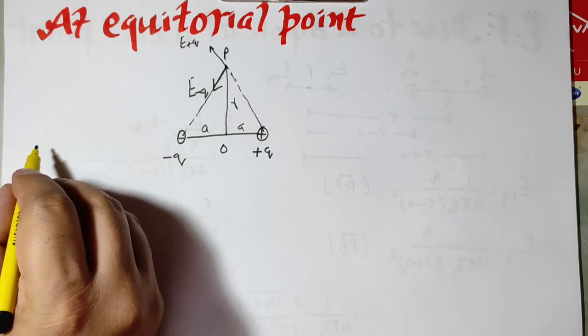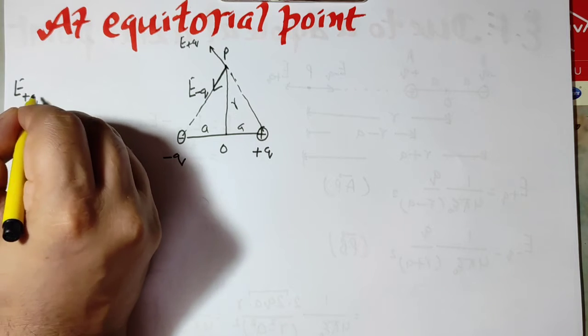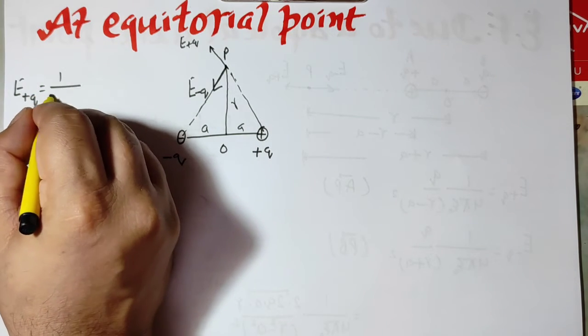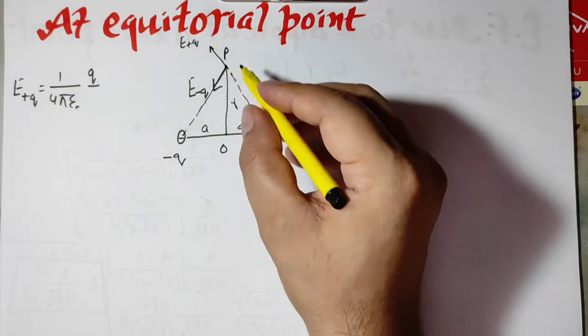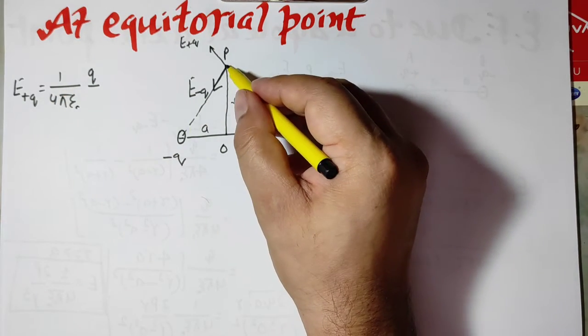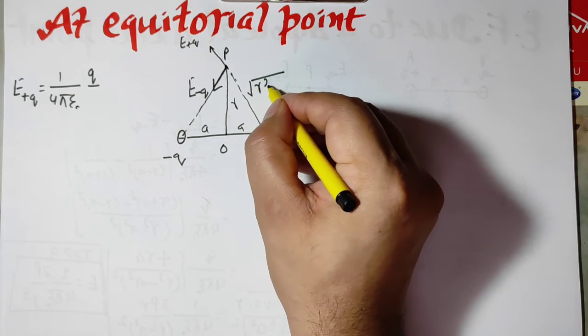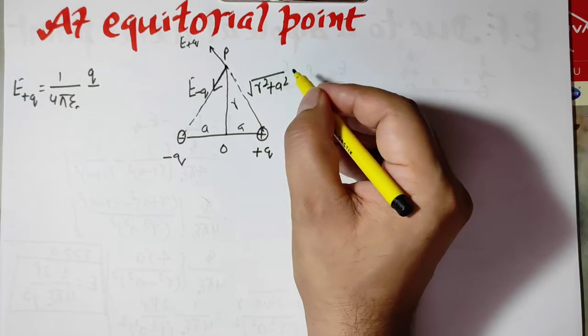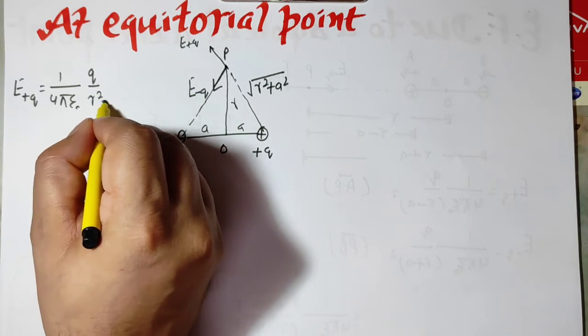First we have the electric field due to plus Q charge, and this is 1 upon 4 pi epsilon naught, Q upon the distance squared. This is plus Q and this is the point P. So what is this distance? You can clearly see it is the square root of r square plus a square, and its square will be just r square plus a square.